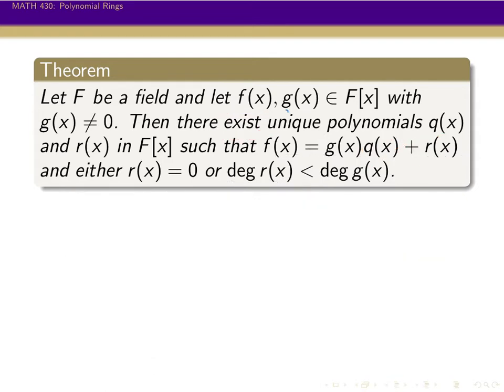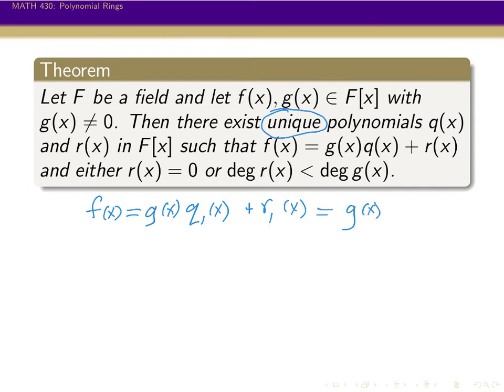Now let's prove the uniqueness. So let's suppose that we have two different ways to divide f of x by g of x. So we have g of x times q1 of x plus r1 of x, and g of x times q2 of x plus r2 of x.